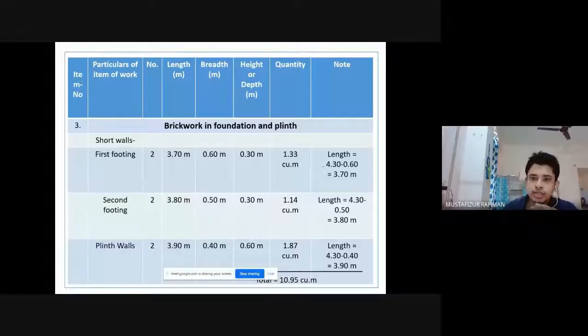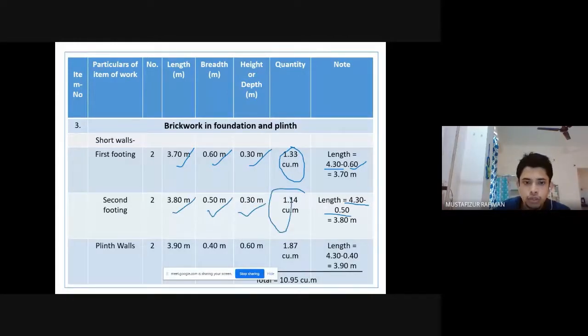But in the shorter direction, we have to subtract to get the inside dimension, in to in. Okay. 4.3 meter is our center to center length. Subtracted, we are getting this value, this value, this value. Then finally, volume of work. Center to center length 4.3 meter, thickness is 0.5 meter. So we are subtracting and getting this length, thickness, height, volume of work.